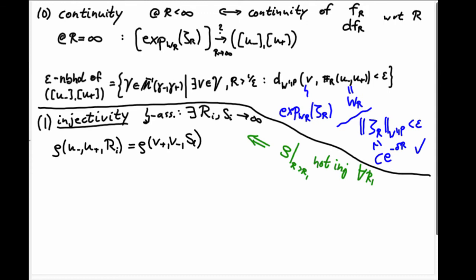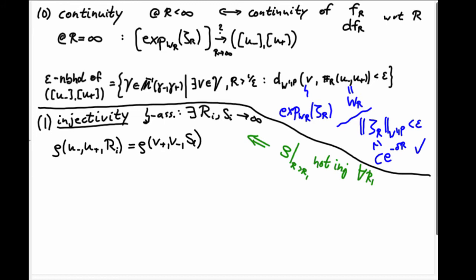If it's not injective, however big my R1 is, then I find these bigger than R1, and I'm going to find broken trajectories that will give me this equality, and then I can take a subsequence in which the broken trajectories are at least constant.